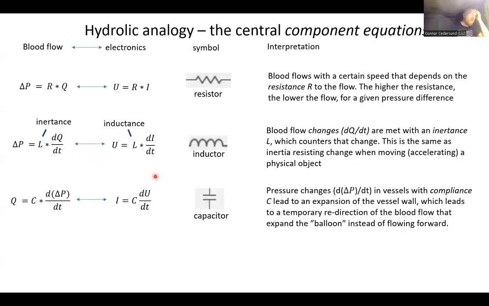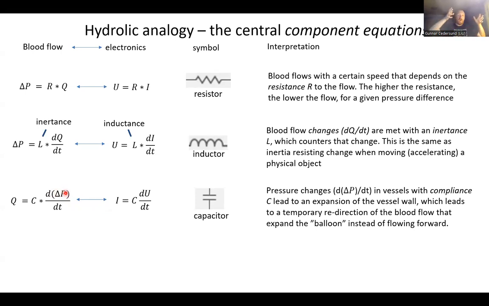Okay, so the final thing that we'll take up now. There are more things that you can introduce as well, but these are the things that we'll consider in this video. Is the capacitor. So a pressure change.